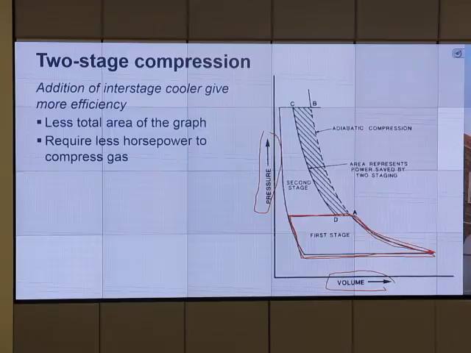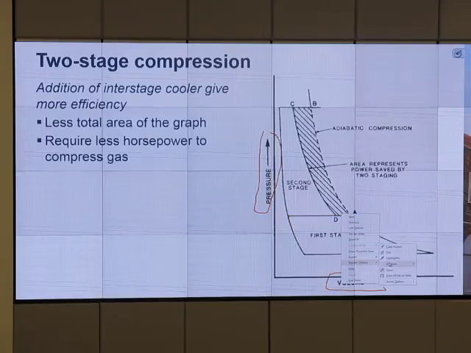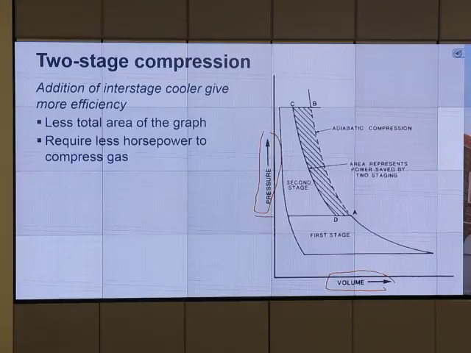We cool it so the temperature goes down while the pressure stays the same. You see from point A to point D, the pressure stays the same, right? Because this is the pressure, but the volume goes down, so it shrinks. So when it goes to another stage, the pressure stays the same, but it shrinks a little bit.